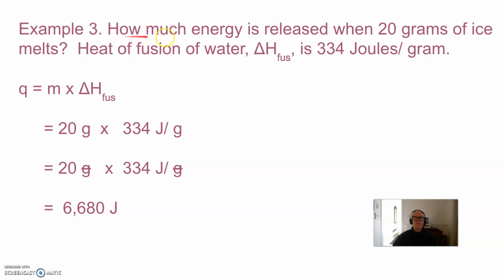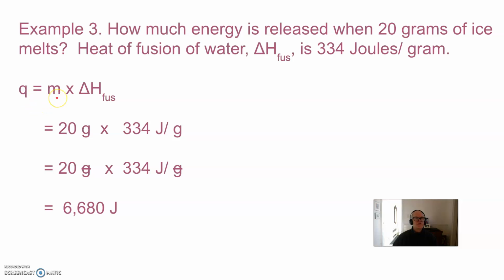All right, here's an example. How much energy is released if 20 grams of ice melts? So the heat isn't actually released, it's actually required, how much heat is required. So the heat of fusion of water, the heat associated with melting a gram of water is 334 joules per gram.